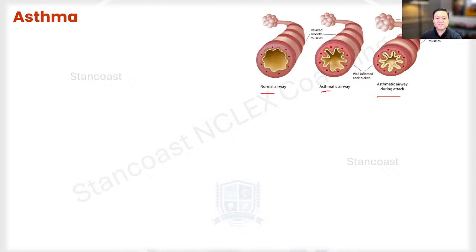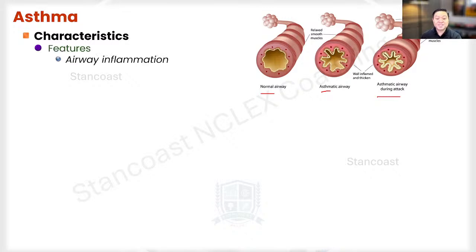Now, let's first define what asthma is. Well, basically, this is a disorder identified by the three following features. One of those is airway inflammation, wherein there is going to be narrowing of the passageway. And there's also going to be increased airway responsiveness. So what does that mean?